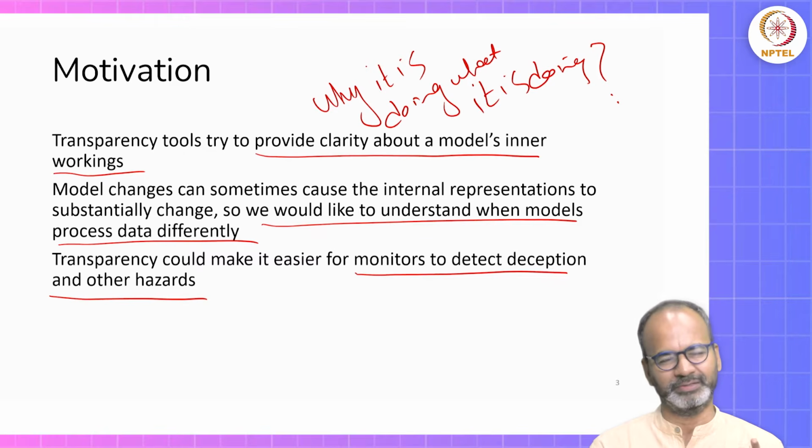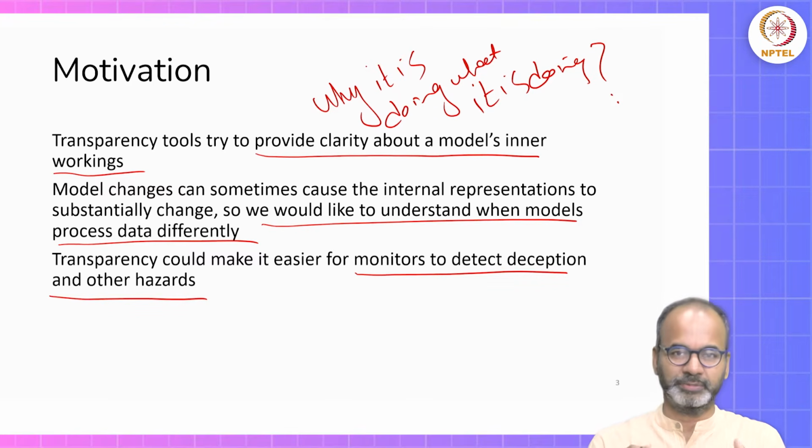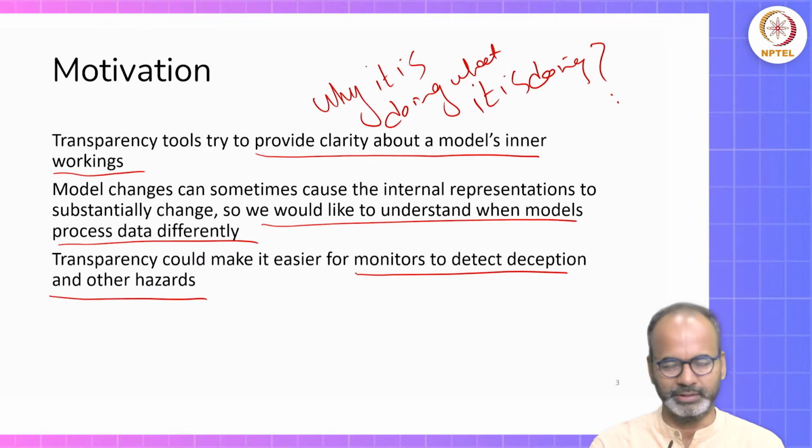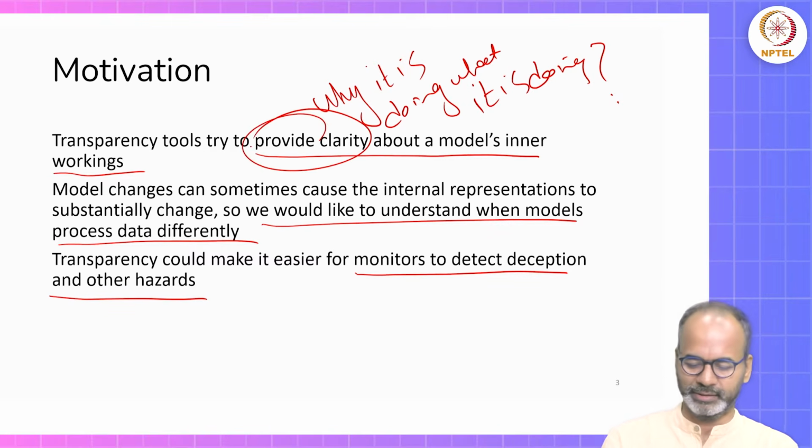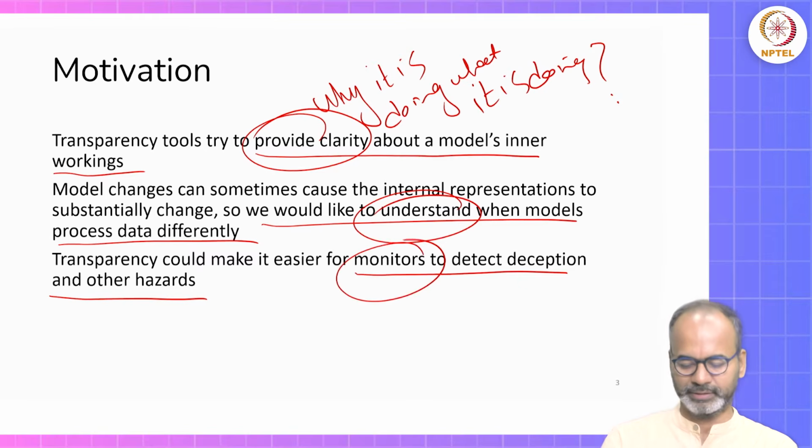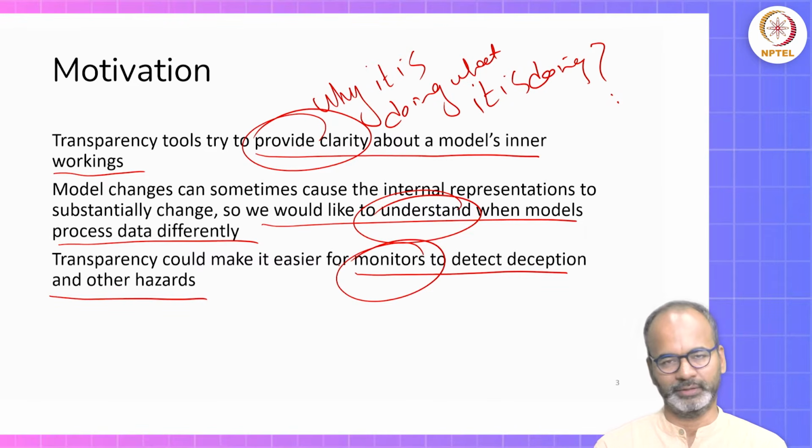We'll see some examples of this deceptive nature and hazards in a bit. But transparency allows us to know all this when the model does it. So provide clarity, understand, monitor: those are the keywords for why we are studying transparency.